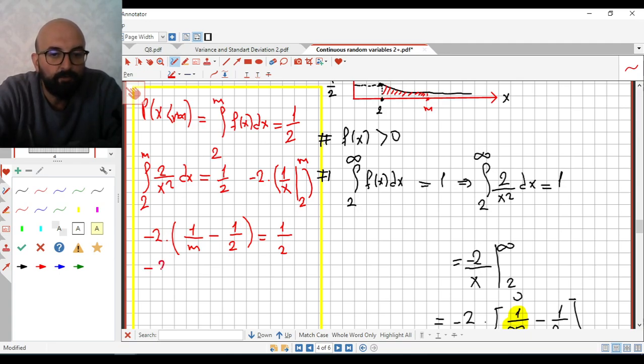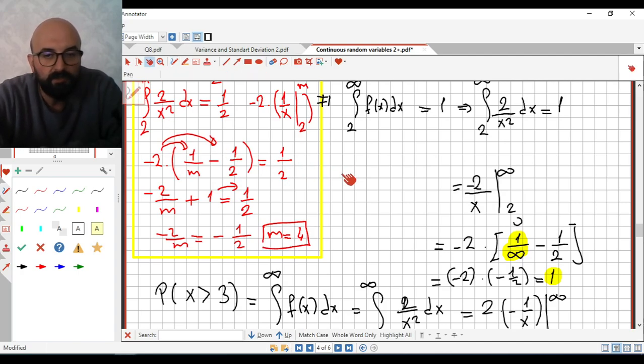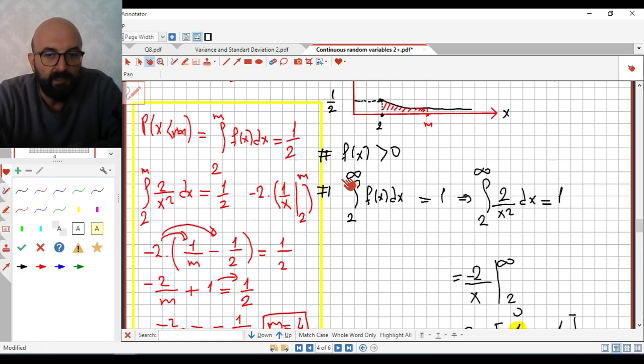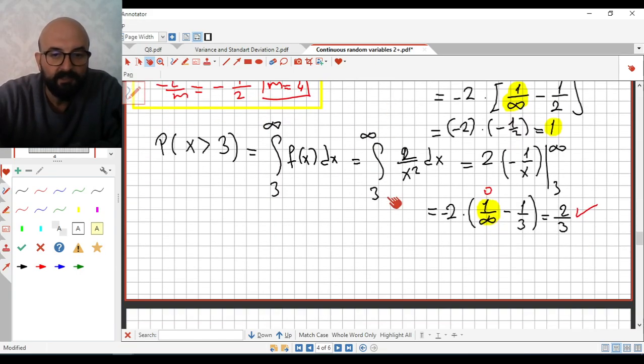So negative 2 over m, plus 1 should be 1 over 2, and negative 2 over m should equal negative 1 over 2, and our m value is 4. So if I want the probability value to be 1 over 2, m should be 4. Okay, now I want to pass to the other section.